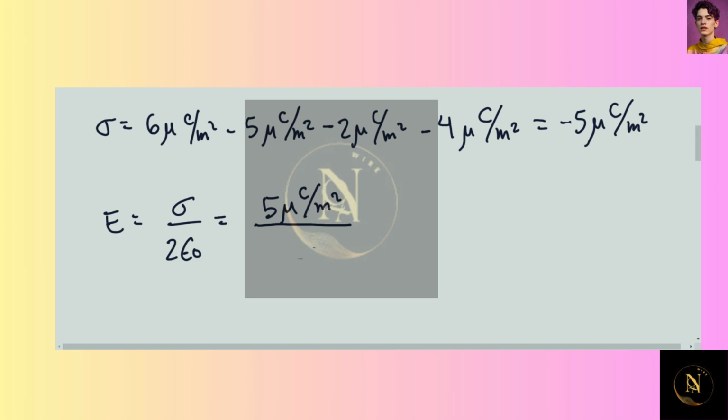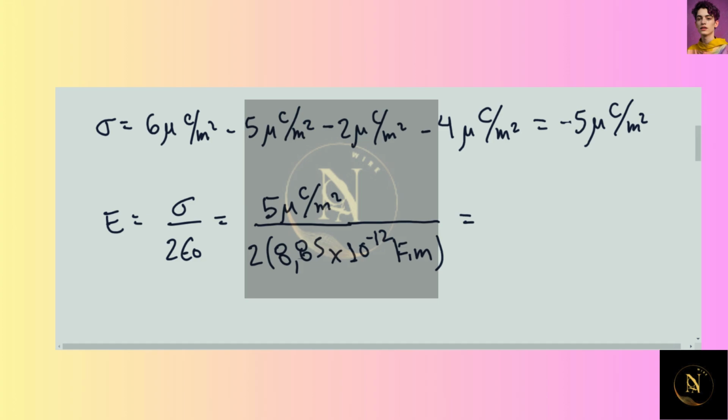Epsilon 0 has a value of 8.85 times 10 to the minus 12 farads per meter.